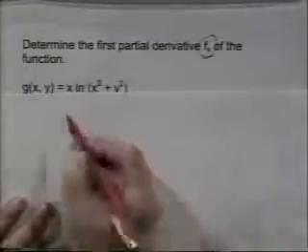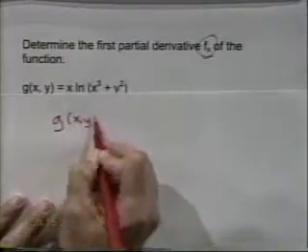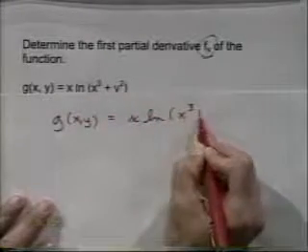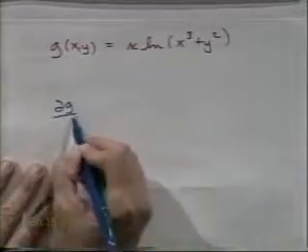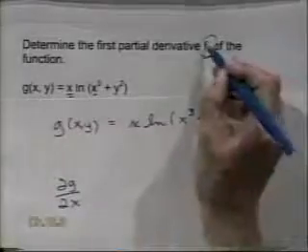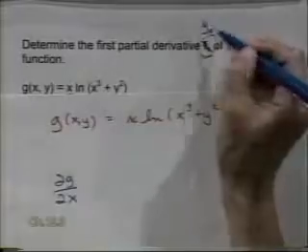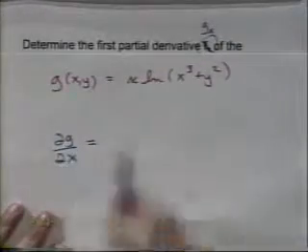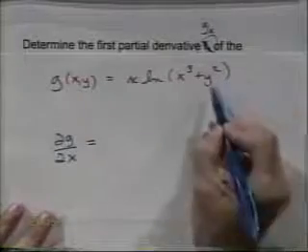We're going g of xy is equal to x natural log of x cubed plus y squared. Oh, here I have g and here I have f. I apologize. This should be g sub x, because it's the partial of g with respect to x. Looking here, the partial of g with respect to x, y is a constant.